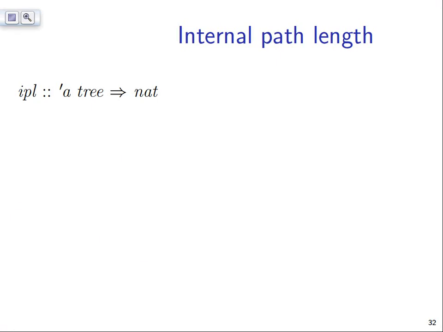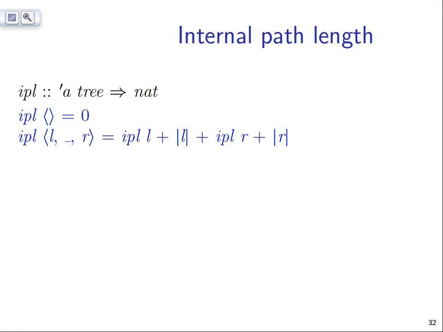And this is another interesting one, the internal path length of a tree. That's the sum of the lengths of all the paths from the root to a leaf. For the leaf itself it's 0, and for a node, it's this funny formula. Well, it makes sense that you take the internal path length of L and internal path length of R. But then those are too short.